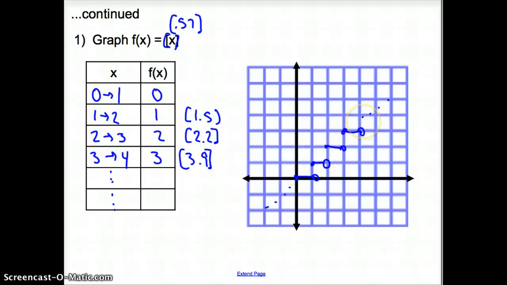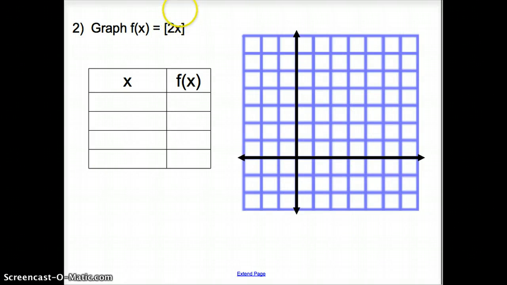And now this would continue in both directions, and here is where we get our steps, because it looks like a staircase. Now with number 2, when you have a 2 attached to your x inside that step function, we want to get it to look like this essentially. So with whatever's attached to it, we want to get it to be 1x. Well, what would I have to multiply this by to get it to be just a simple x? I would have to take it times 1/2.